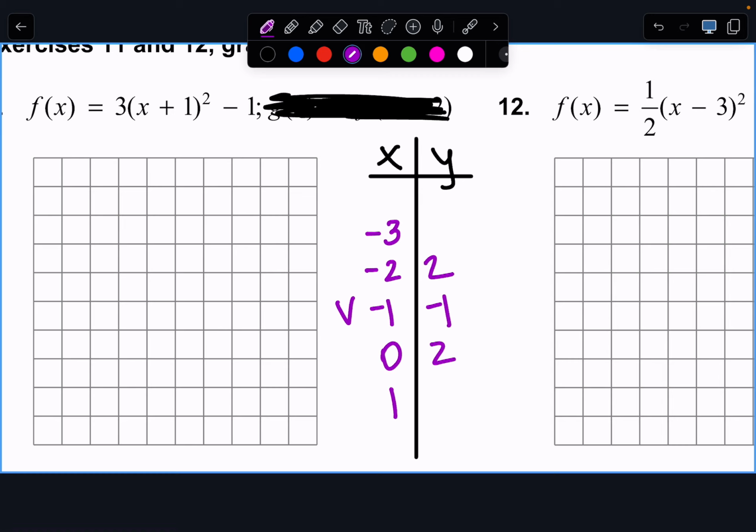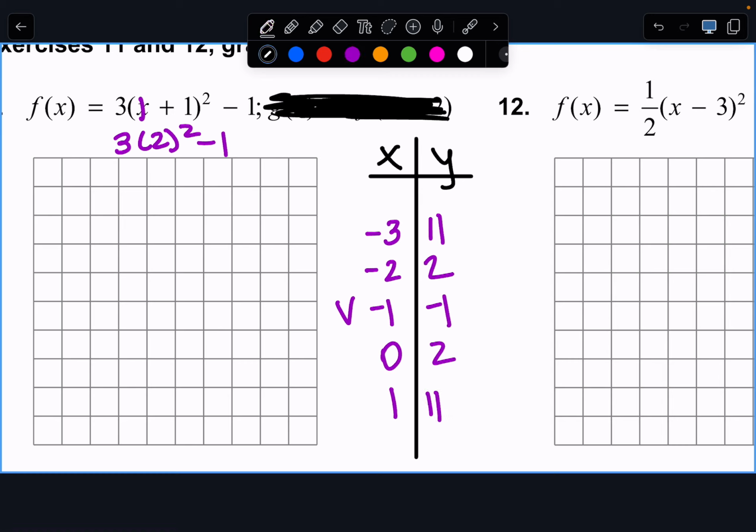Okay, if we plug in 0, we would have 3 times 1 squared minus 1. Right? Which would be 3 times 1 minus 1. Now, I don't see anybody with their calculator particularly. It is okay to use your calculator. Let's talk about what happens when we plug in 1. We get 3 times 2 squared minus 1. We would get 11.